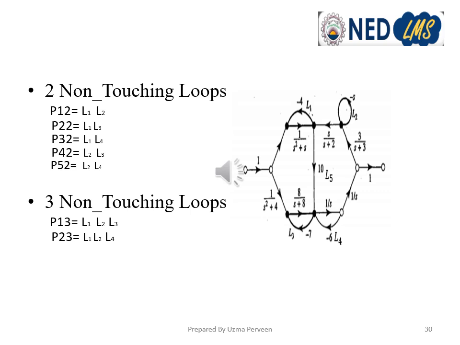So we have 5 pairs of non-touching loops. Similarly, we have 3 non-touching loop combinations: L1, L2 and L3 are non-touching, and similarly L1, L2 and L4 are non-touching. L5 is common to L1, L2, L3 and L4, so it is not making any combination.